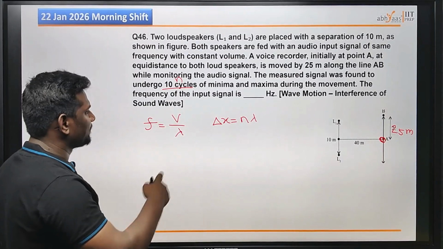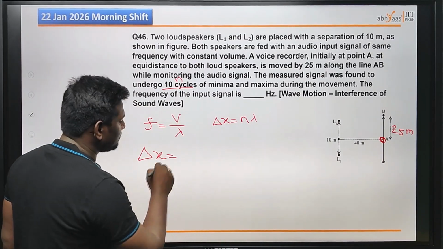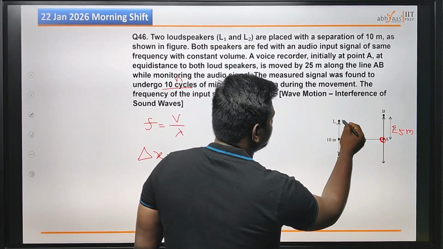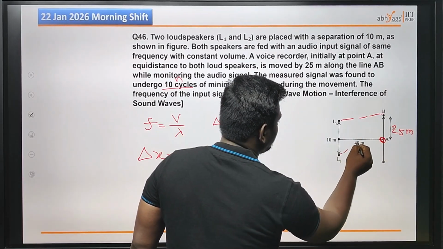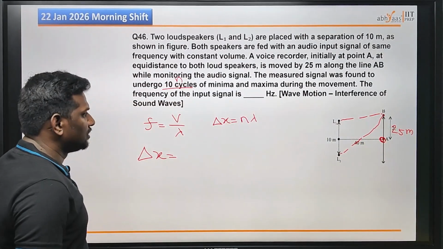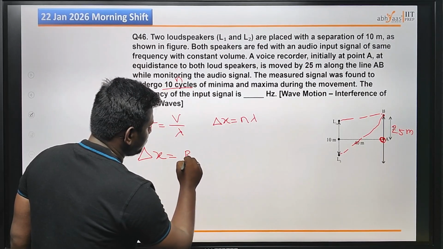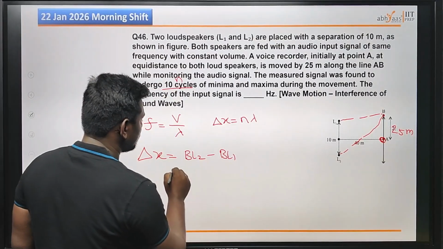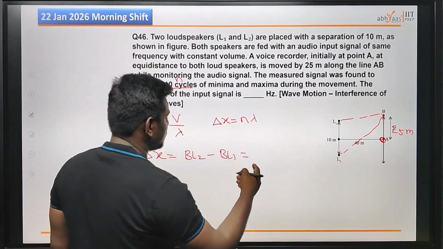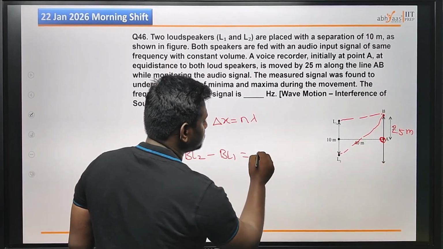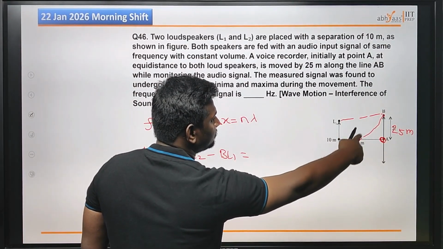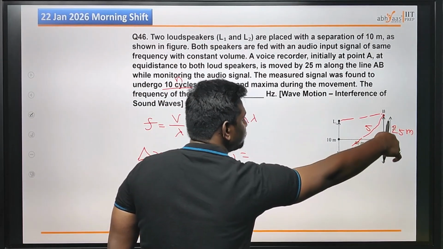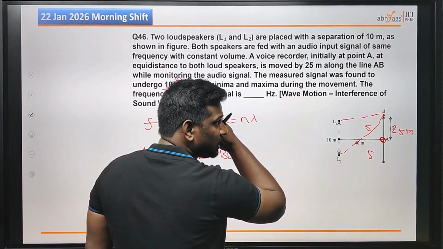So next, see here, how to find the delta x? Delta x can be written as, from L1 to B and L2 to B, BL2 minus BL1. This is a right angle triangle. BL2: initially this is 5 meters, and it is moved to 25 meters.